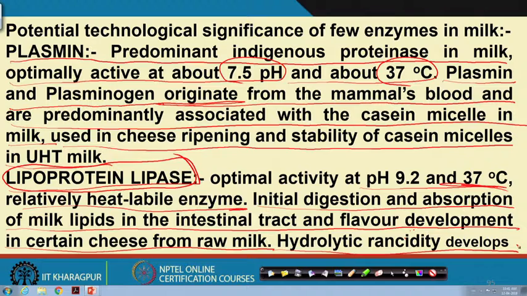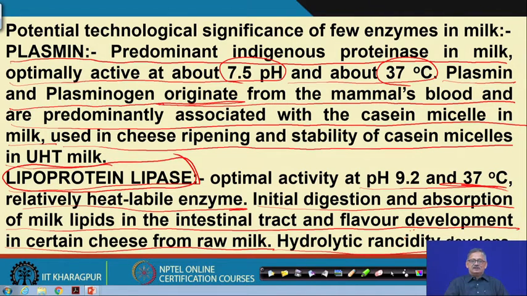If lecithin is decomposed, it produces trimethylamine or its derivatives, which cause the off flavor. So this lipoprotein lipase acts on the lipoprotein and may cause hydrolytic rancidity, right.